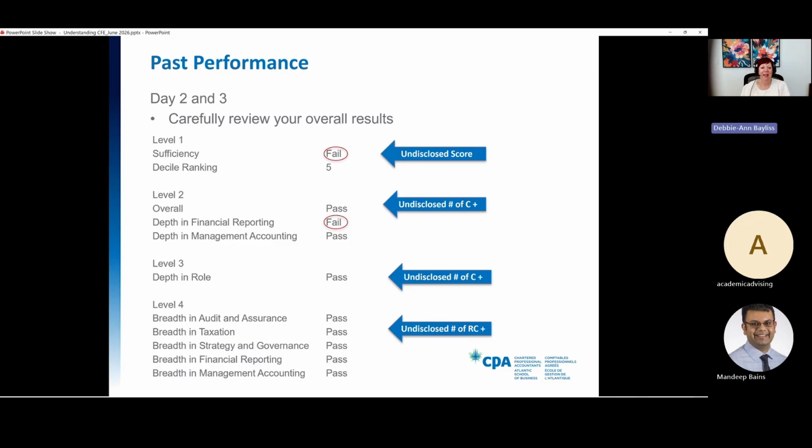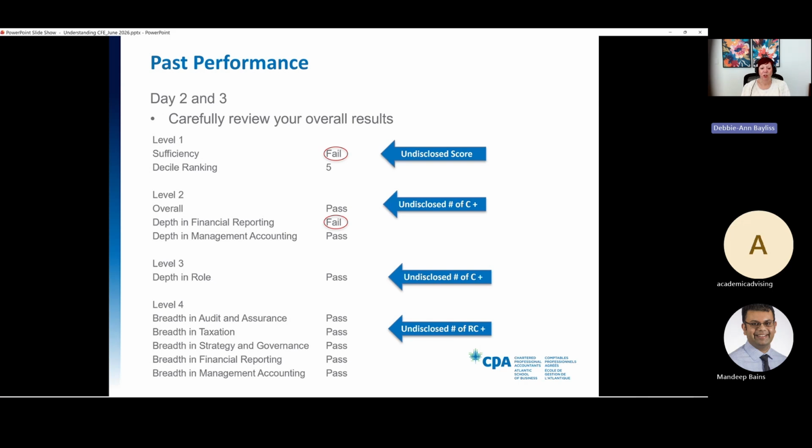Here is a summary of a candidate's performance when it came to day 2 and 3, because there's some valuable information we can deduce from this. Let's start at the bottom, level 4. The candidate passed, meaning they reached an undisclosed number of competent responses or higher. They passed their role.